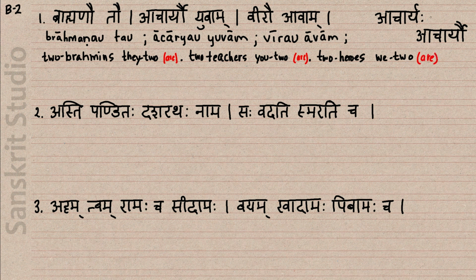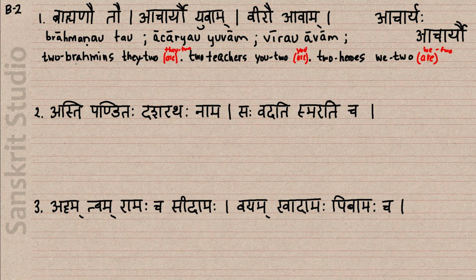So there is an asti, so to speak, hidden. You two are, we two are, they two are.